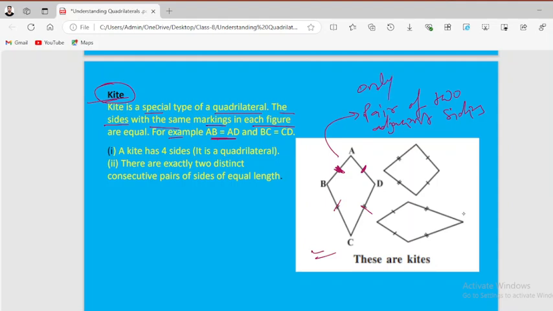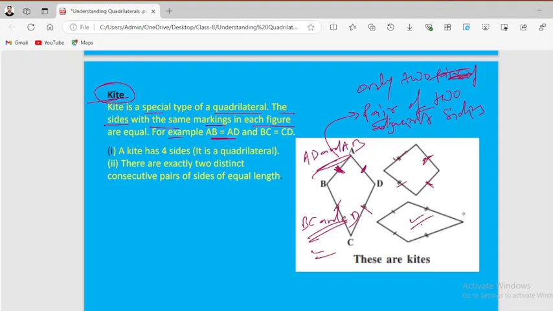Not only one, but two pairs of adjacent sides. One pair is AD and AB, and the other pair is BC and CD. So two pairs of adjacent sides should be equal in the kite. This is one pair and this is another pair.